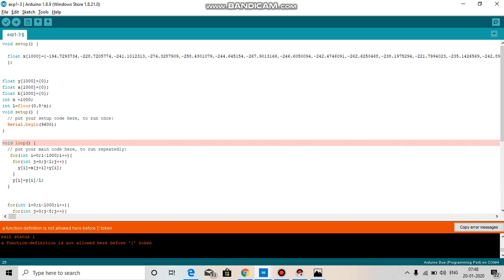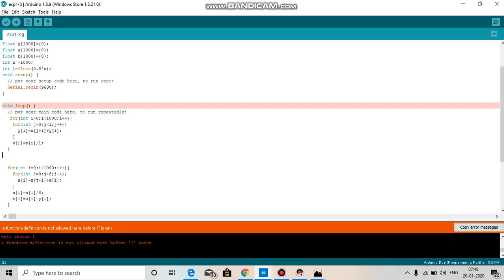And the same here, I have taken 1000 samples where float y equals 1000, float a, b, int n equals 1000, and L, which is the length, and we have the serial baud rate, and here it is the main algorithm. This part is the main algorithm.